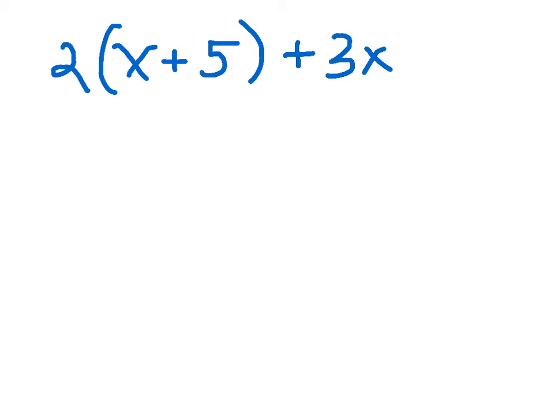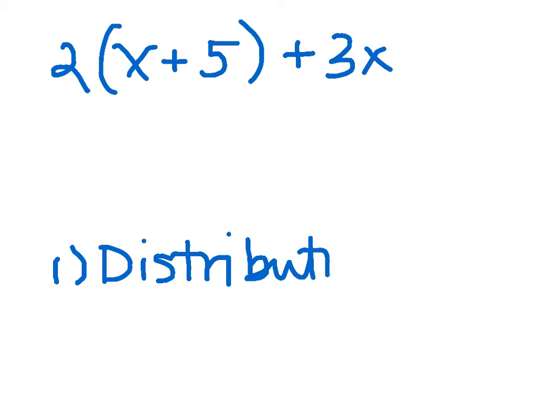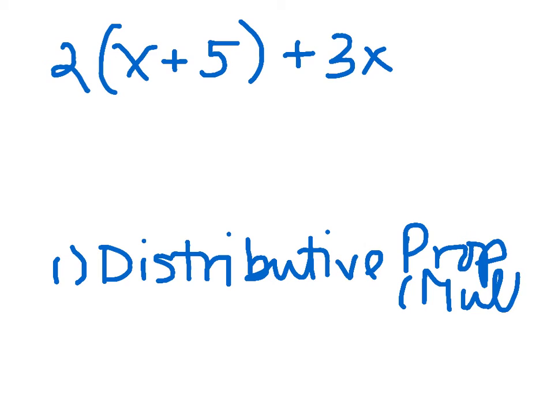Anytime I have a problem that involves both parentheses and other numbers, I need to first get rid of the parentheses using the distributive property. And we know that the operation that goes with that is multiplication. And then, after that, I'll be combining like terms.